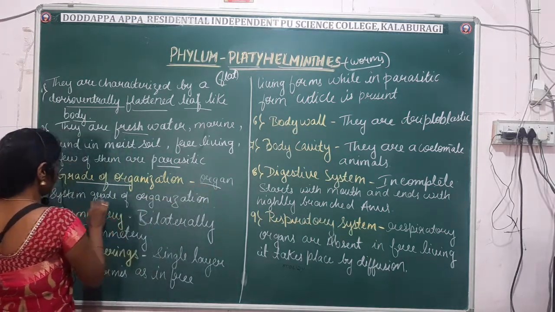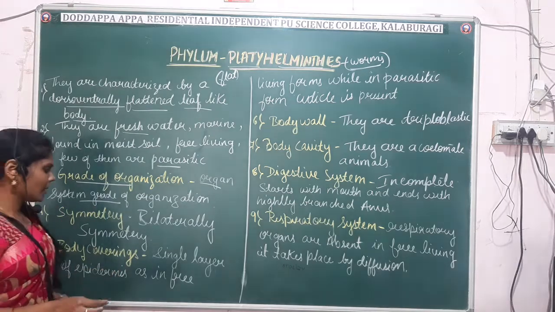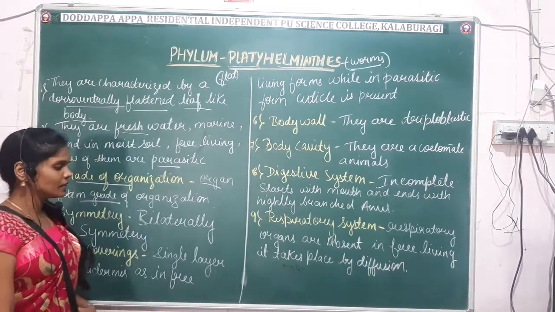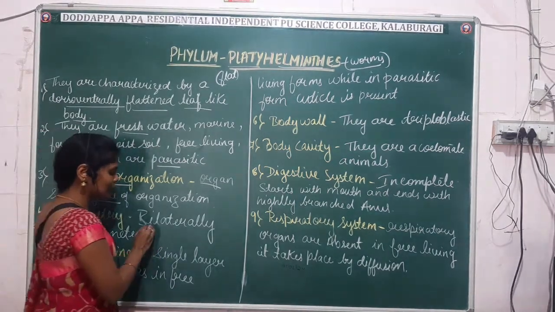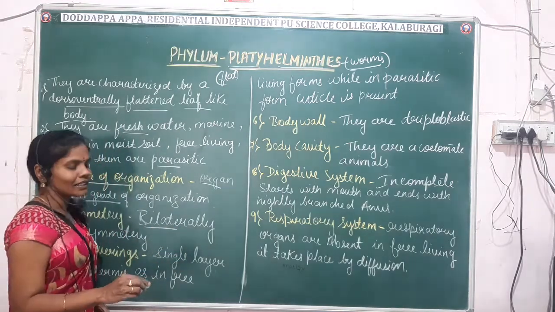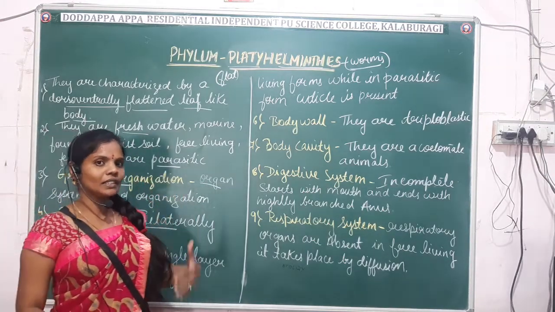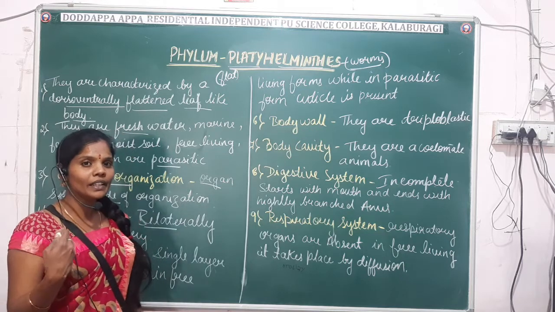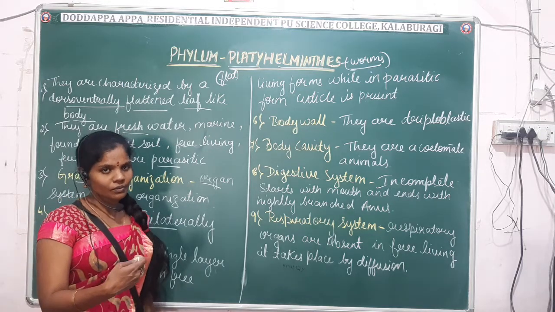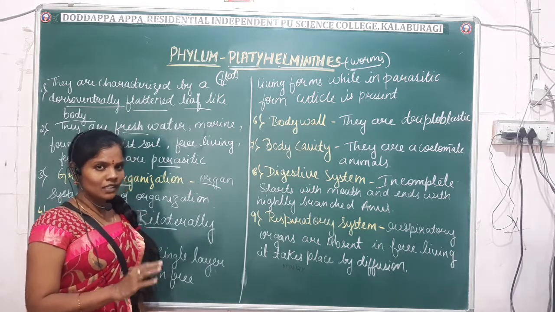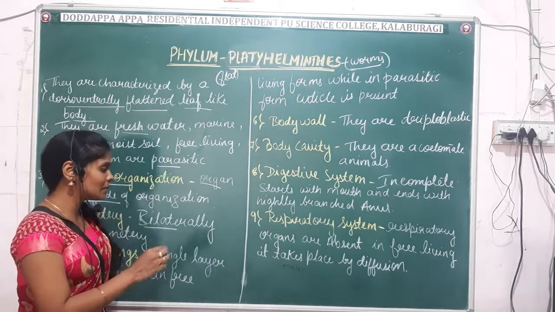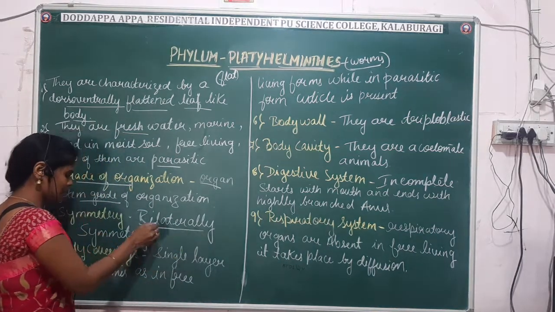Next comes the symmetry. They exhibit bilateral symmetry. When we cut from the central axis, the body can be divided into two equal halves. That is known as bilateral symmetry.